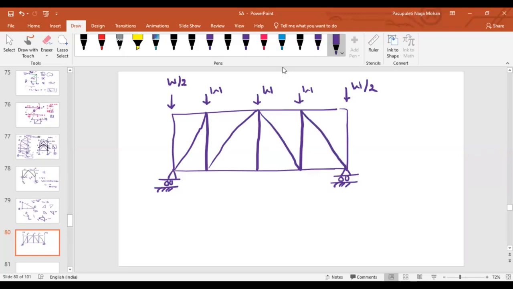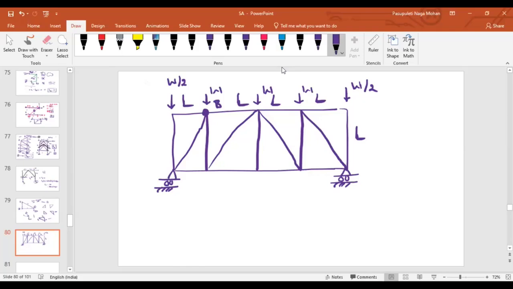They are asking us to draw the force polygon or force diagram at this joint. Assume that everything is equal, let us say L. Even though they have not given it, I'm just giving it to you. Take 2 minutes and try it now.